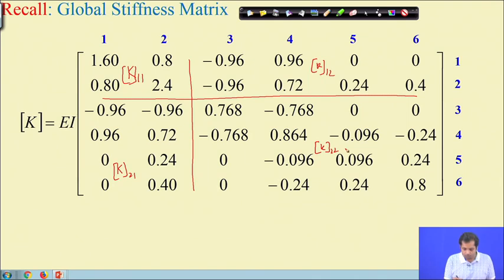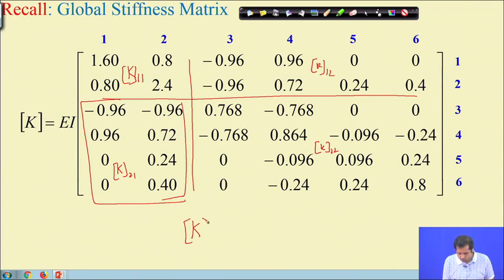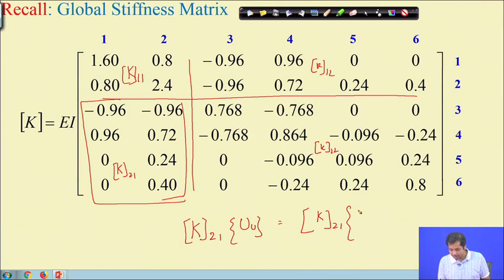So, what we need is this part. Okay. So, we have to compute K21 into U unknown, which is now known, which means we have to compute K21 and then U1, U2. We have already determined the values of U1, U2, and K21 will be this part.